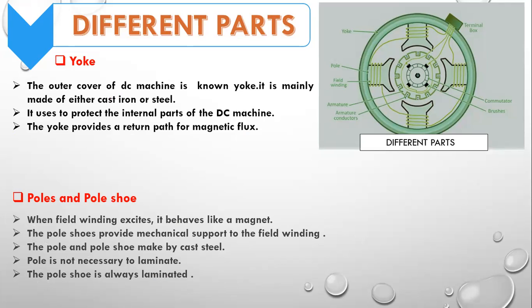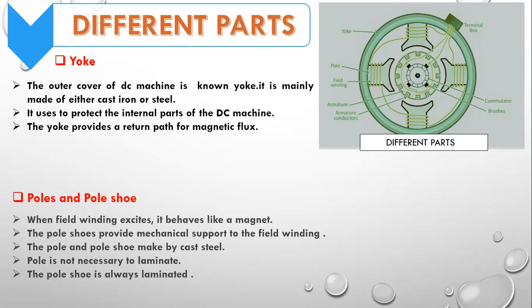In the yoke, laminations are not required, but in modern days, some machines use lamination in the yoke. Pole and pole shoe. Pole core is used to provide housing to the field winding. When the field winding is excited, it behaves like a magnet.